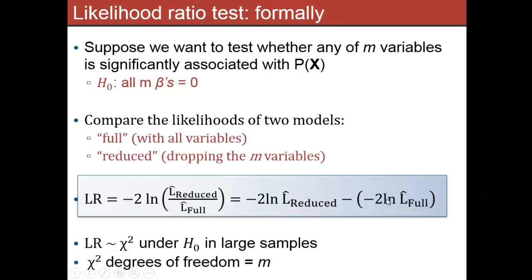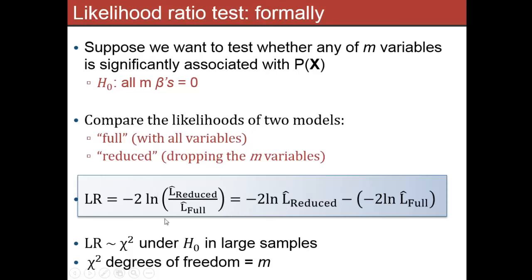It turns out SAS gives you quantities only as the -2 log likelihood. It doesn't give you just the likelihood, it gives you this thing. So when we compute this test, we're going to use this format of the formula. Basically, SAS is going to give you this quantity once, and you're going to get it again, and you're going to subtract the two. So this is what comes out.